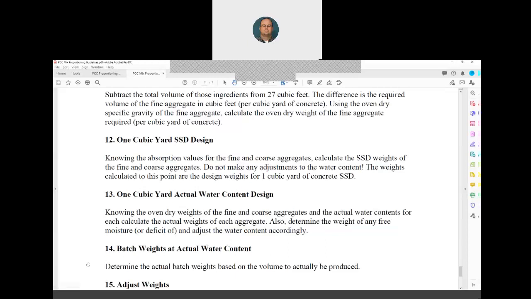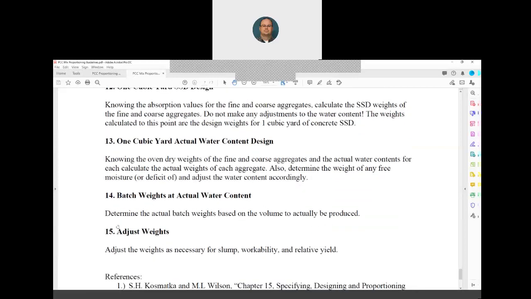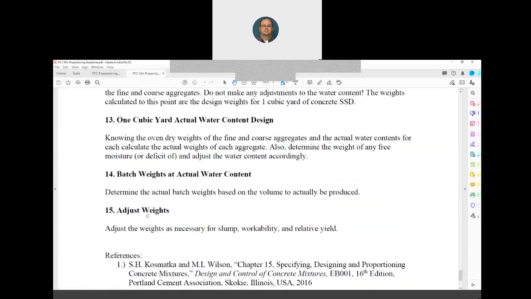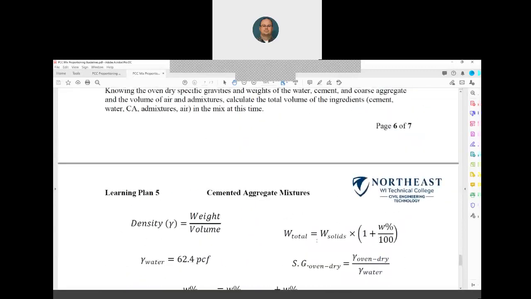And then determine the actual batch weights based on the volume to actually be produced. Okay, so an example will explain this. And adjust the weights as necessary for slump, workability, and relative yield. And we'll go over relative yield. So that is going over this sheet.